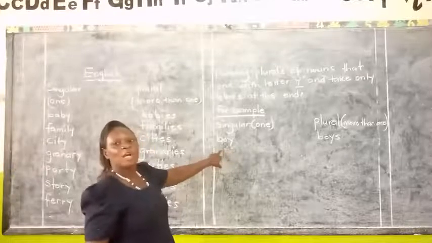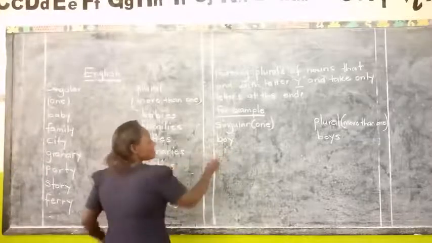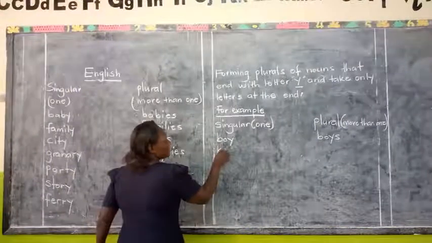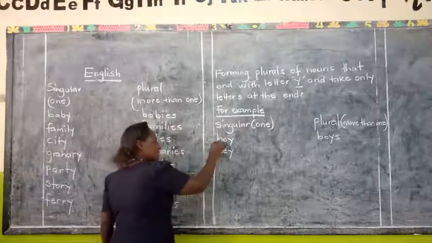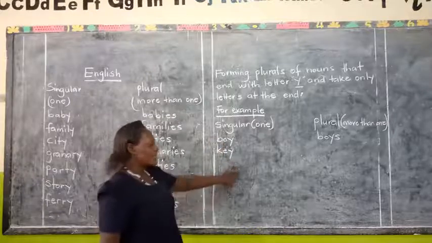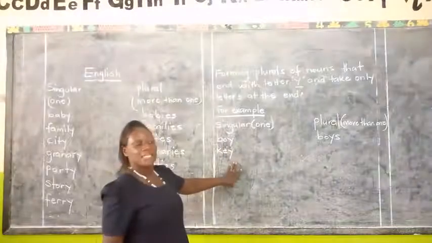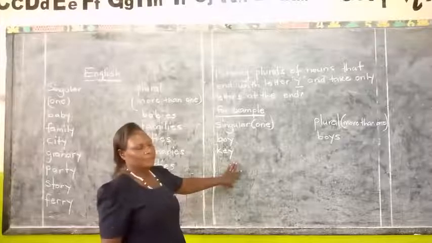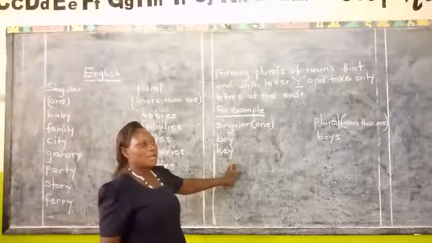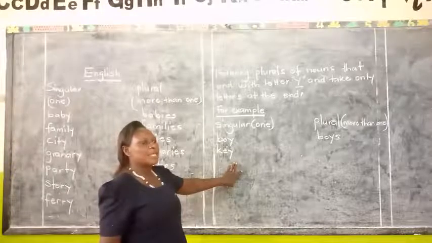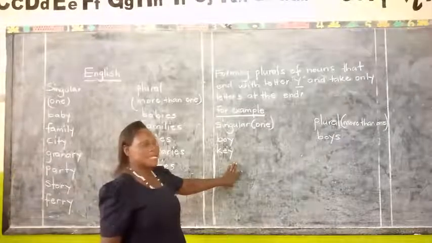Then, we also have key. Key, those ones we use to open. Opening what? Anything. It is called a key if it is one. What about when they are more than one?